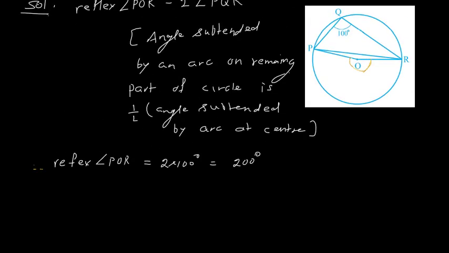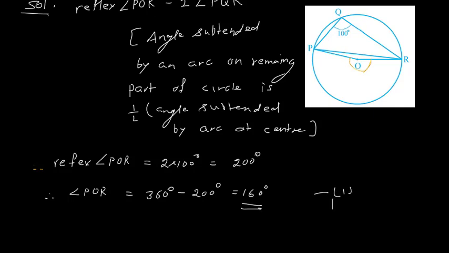Now reflex angle POR is 200 degree, therefore angle POR is 360 degree minus 200 degree, that gives 160 degree. This I can consider equation 1.